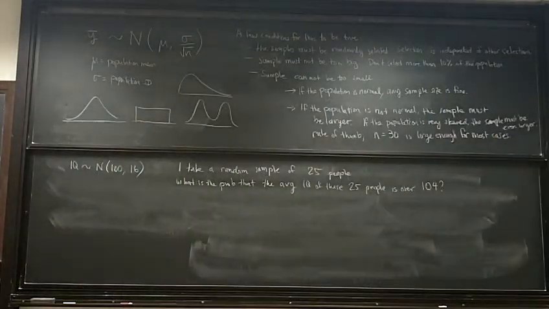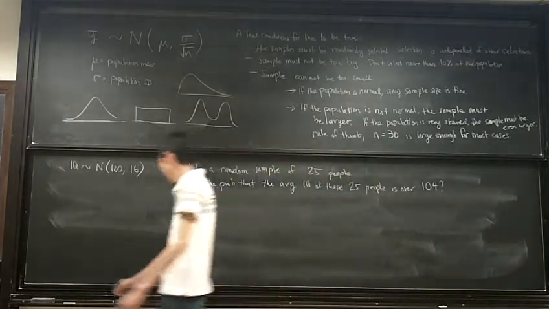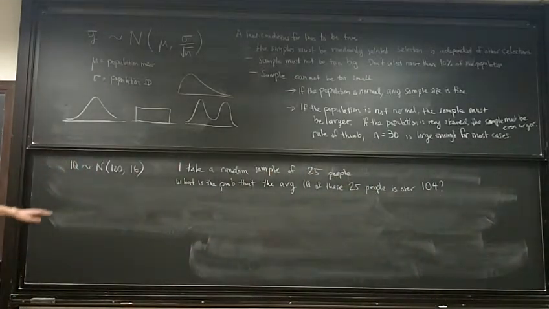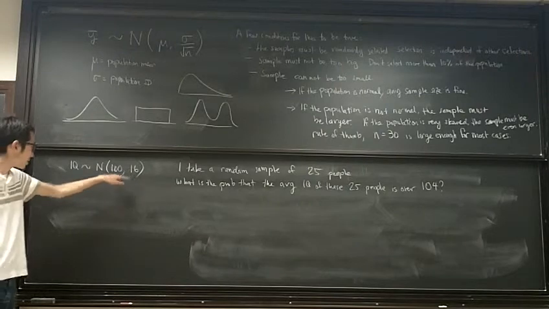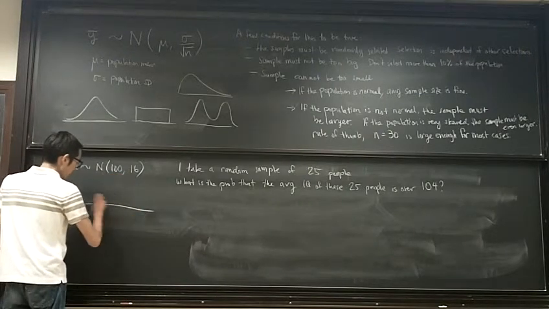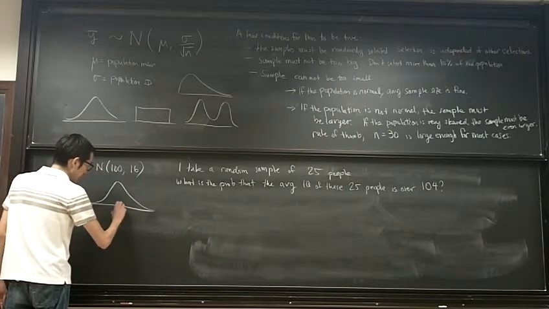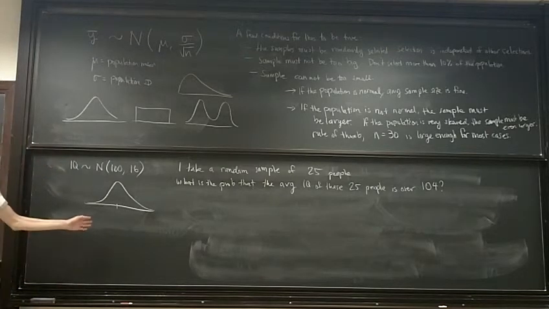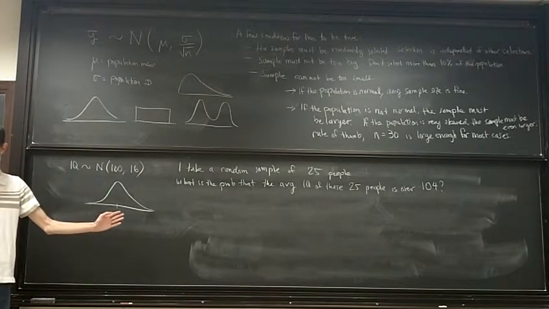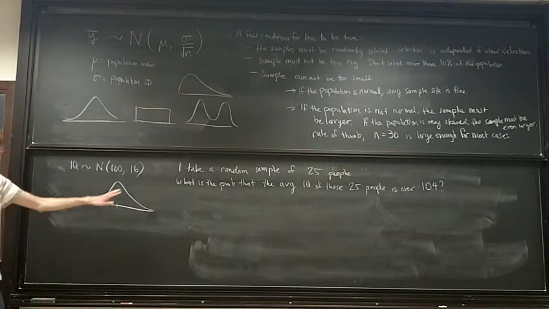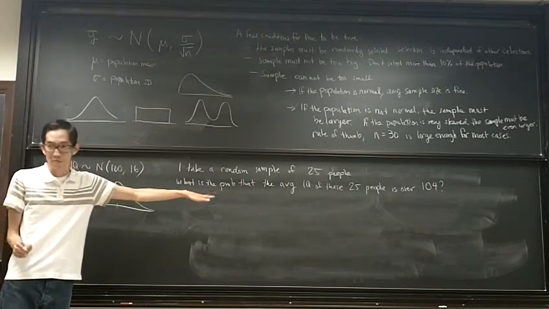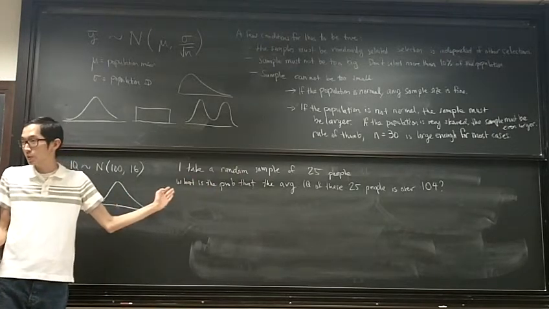You guys have an answer? Let's see, I haven't done it myself. Okay, so IQ itself follows a normal distribution with mean 100 and standard deviation 16. But here we're not looking at the distribution of individuals' IQ scores.